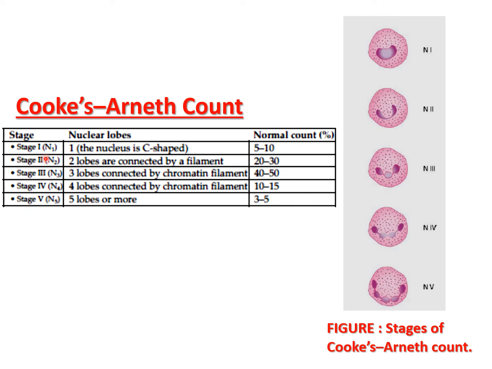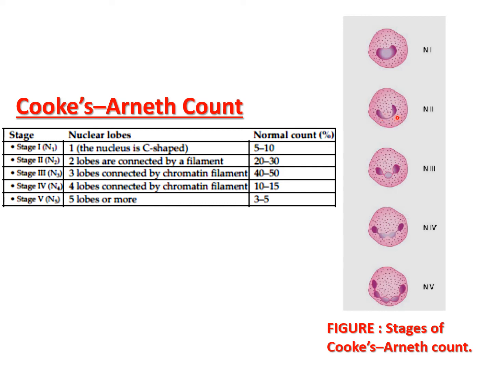In stage 1 or N1, the nucleus is C-shaped and the normal count is 5 to 10%. Then stage 2 or N2, two lobes are connected by a filament and the normal count is 20 to 30%.